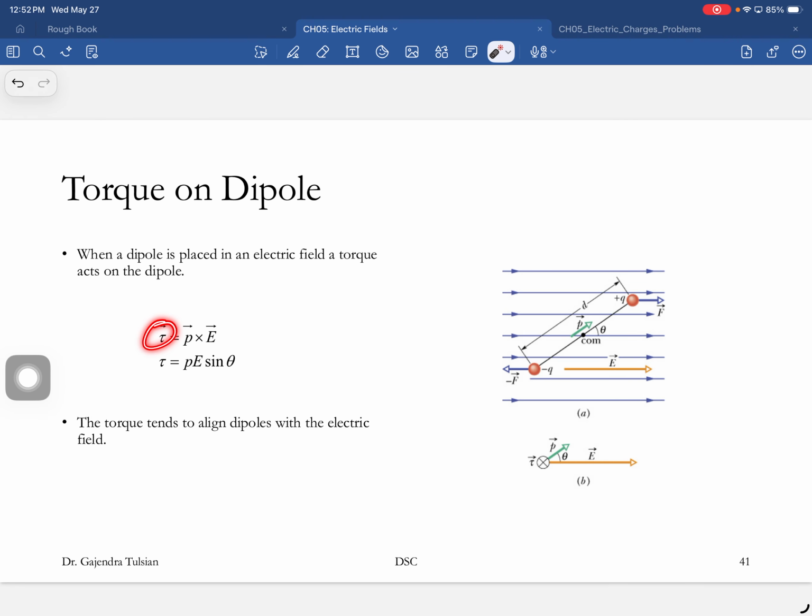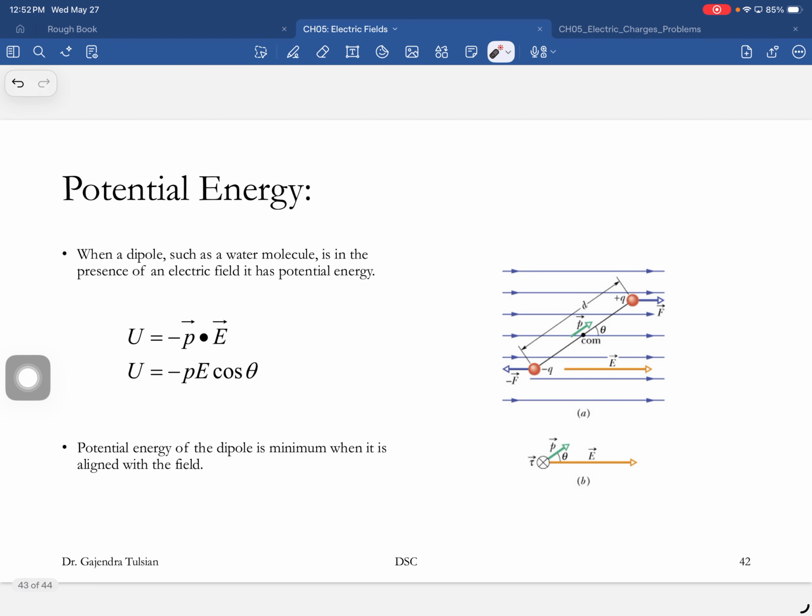So the torque on the dipole is P cross E. There's the magnitude of the torque. And of course, when you're changing it, if you let go, it has kinetic energy and it'll oscillate back and forth.